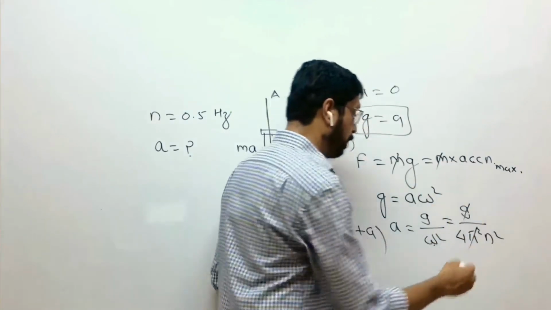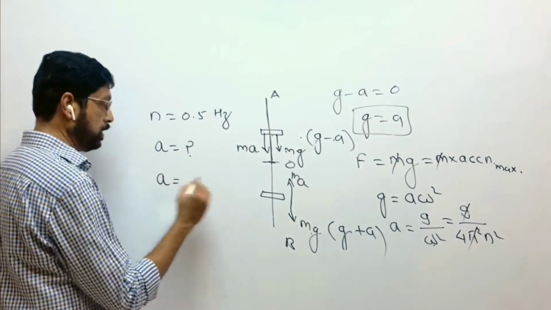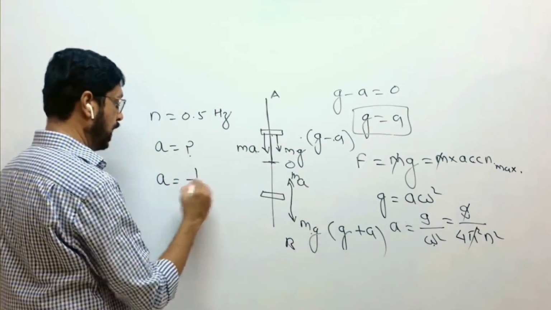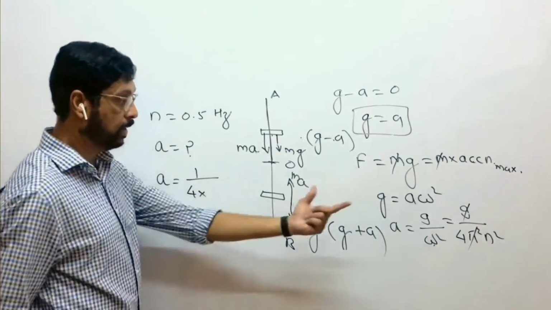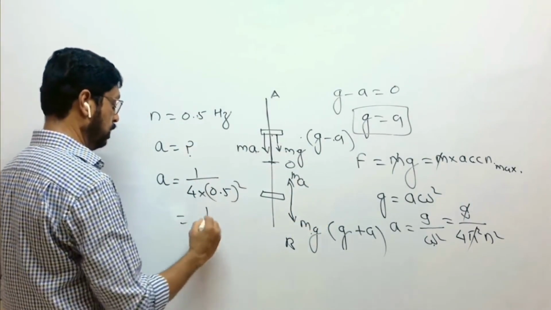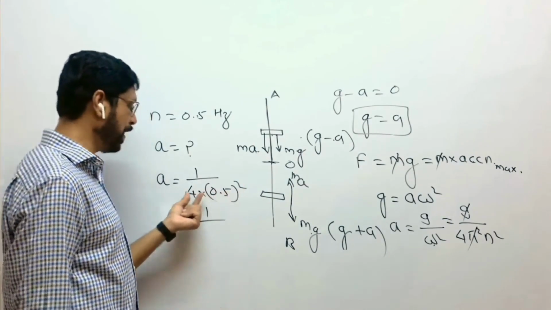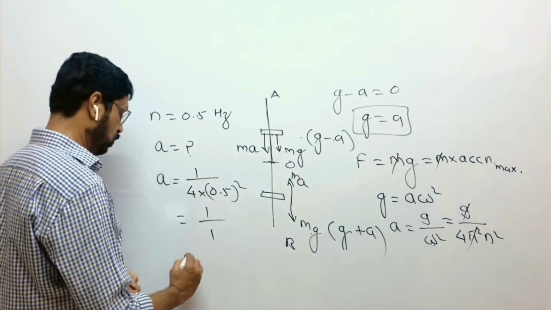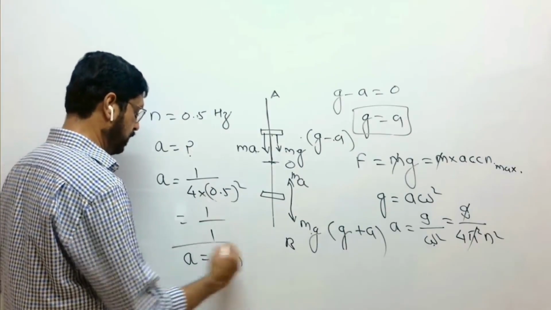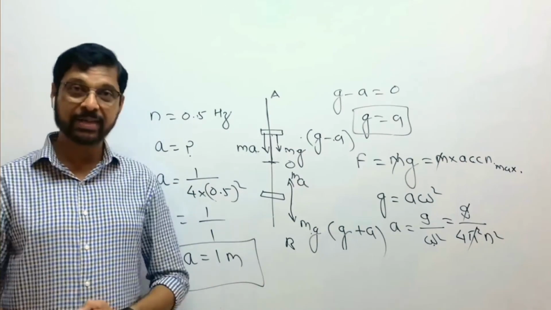So this g and pi square get cancelled. So A will be equal to 1 upon 4 into n square, with n as 0.5. 1 upon 0.5 square is 0.25. 0.25 into 4 is 1. So the maximum amplitude will be 1 meter. That will be your answer.